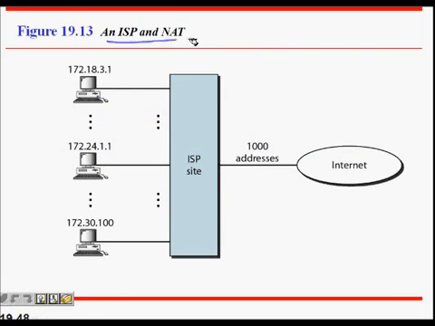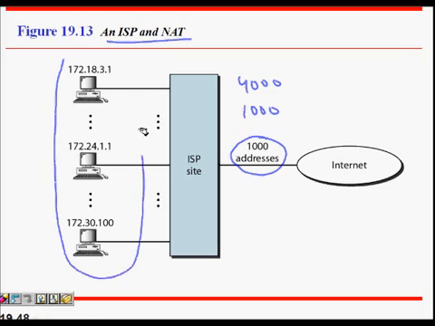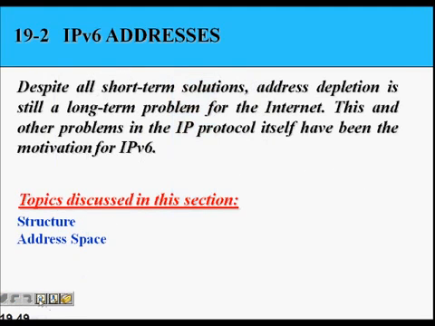Okay, so with an ISP and NAT, let's say I have 1000 addresses at an ISP site, and it has 4000 machines, but it knows that on average only 1000 machines are on at one time. So it will just use those 1000 IP addresses.